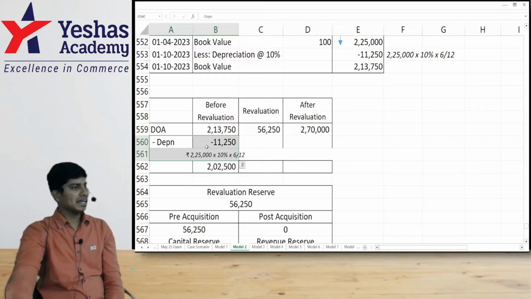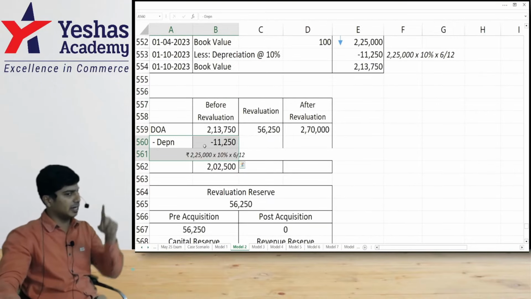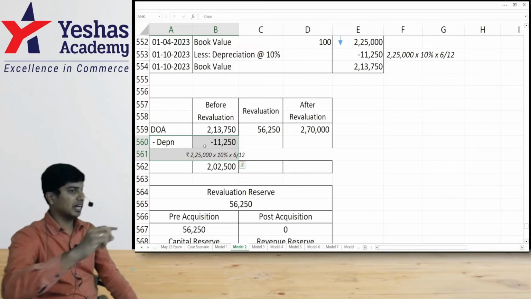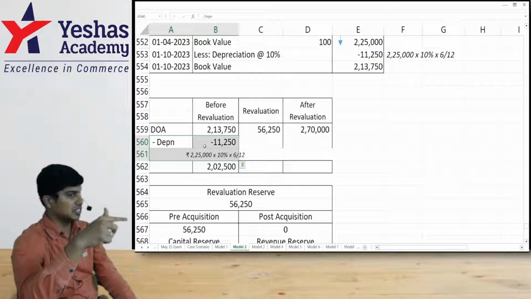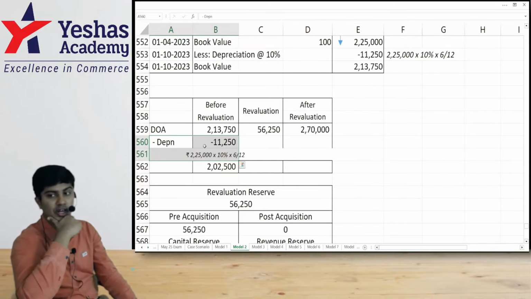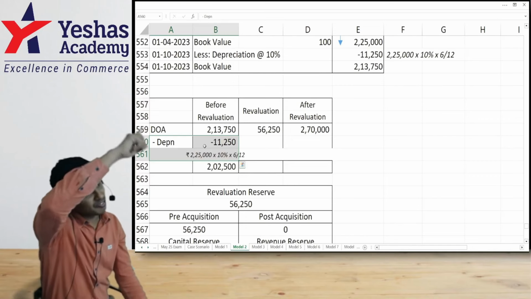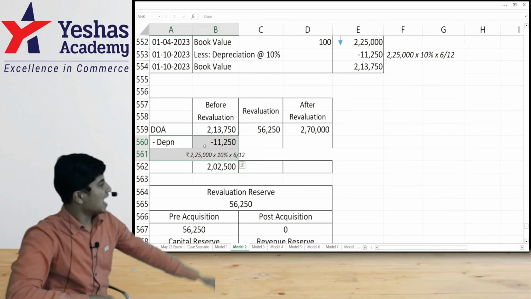Full year depreciation was how much? 22,500. First 6 months, 11,250. Second 6 months, also 11,250. This is already what is done, but this depreciation is wrong. Why? In the standalone P&L, they have done depreciation of 10% for the entire year on 2 lakh 25,000. But for consolidation purposes, on the date of acquisition, the value changed. So for the second 6 months, from 1st of October to 31st March, depreciation is not 2 lakh 25,000 into 10% into 6 by 12.